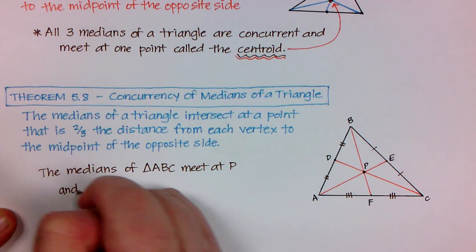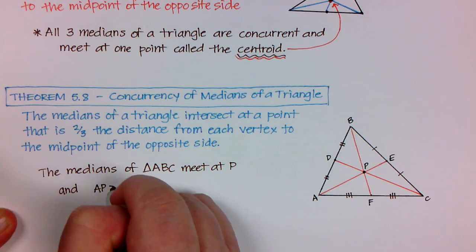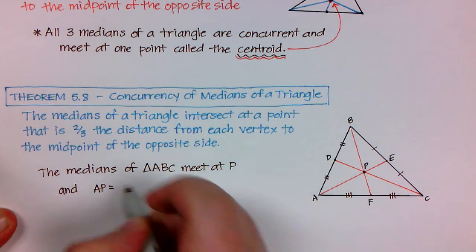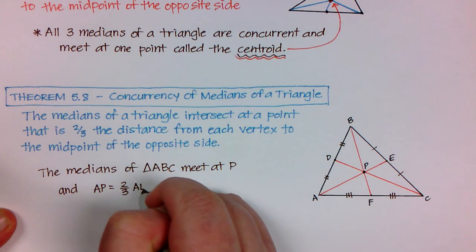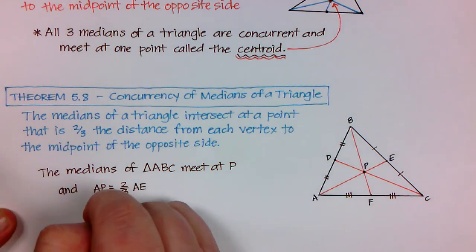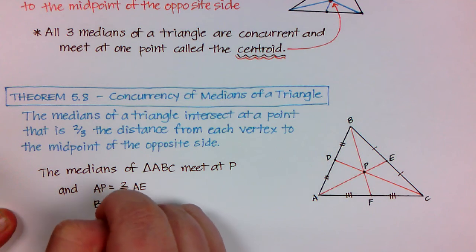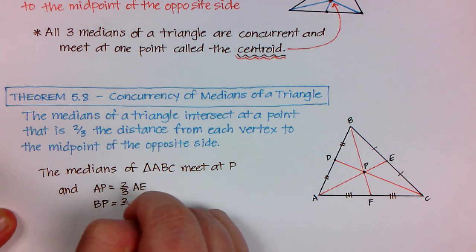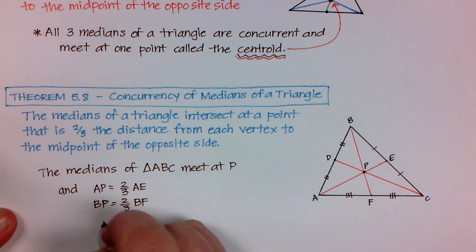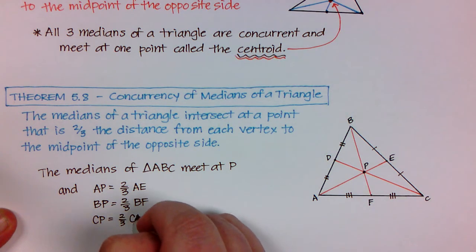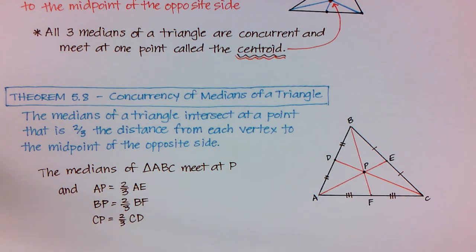And because of that, AP, the length from A to P, is actually 2/3 of the whole length across A to E. And also BP is 2/3 from B to F all the way across, and also CP is 2/3 of the length from C all the way to D. So pretty cool theorem. I like it a lot.